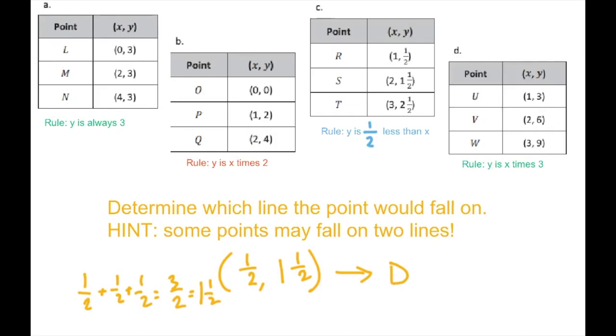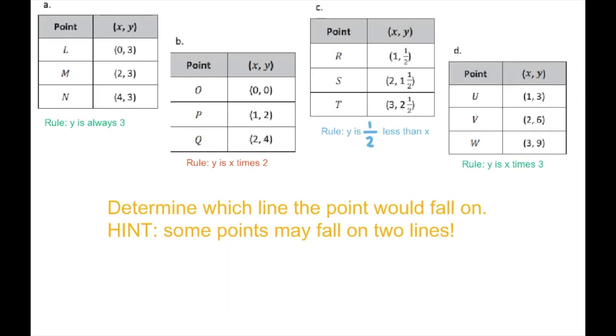All right, last one. This one might be a little tricky, but I did give you a hint that some points may actually fall on 2 lines. So I want you to look at this coordinate pair, figure out which rule it applies to. Pause the video, and when you're ready, press play to continue.